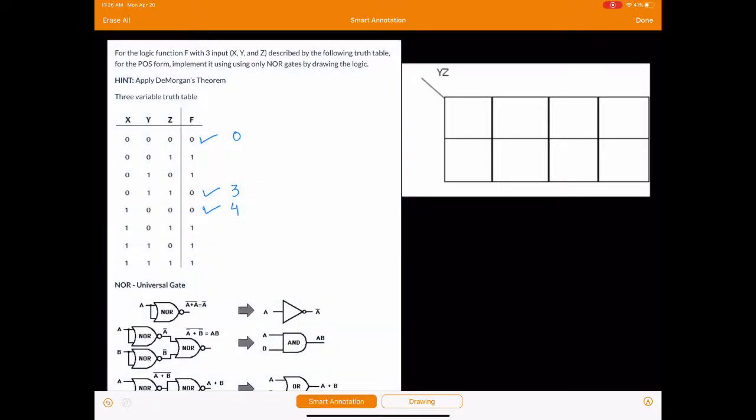So if I write the expression f equals to, again this is the canonical logic form, f equals to, so this is going to be x plus y plus z. This one is going to be x plus y bar plus z bar, right? And this one is going to be x bar plus y plus z.